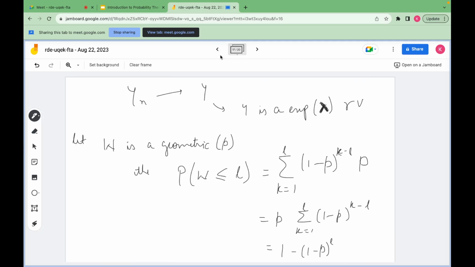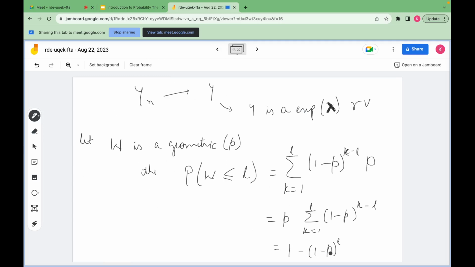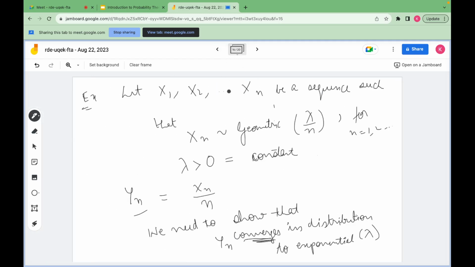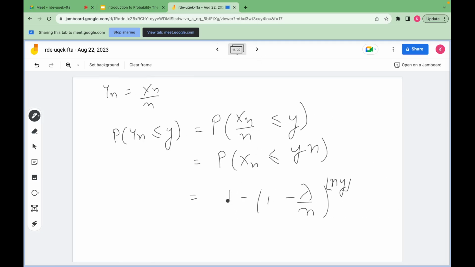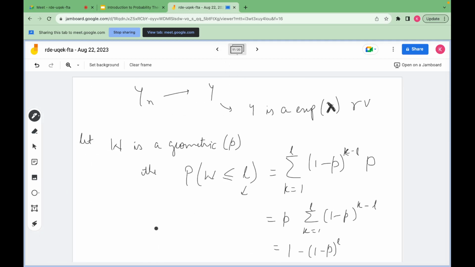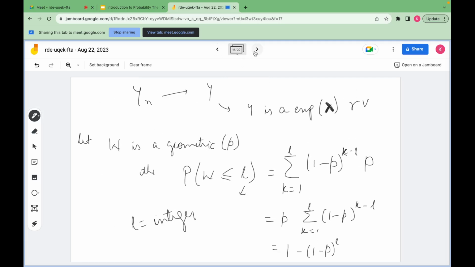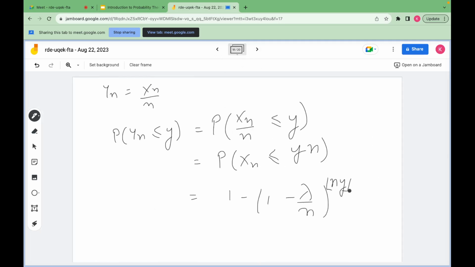Here p is the parameter, and the parameter for our X is lambda by n. We wrote this as (1 minus lambda by n) to the power ny because L is an integer value, so the product should be an integer value.